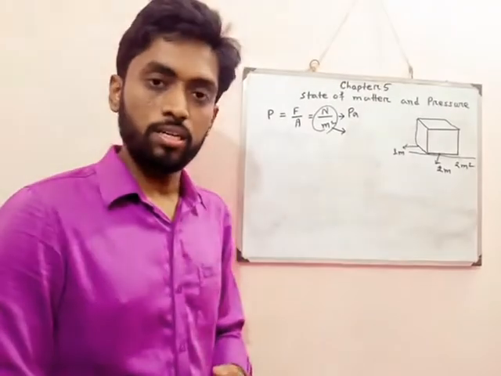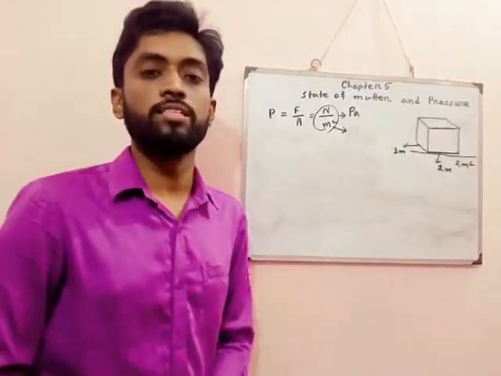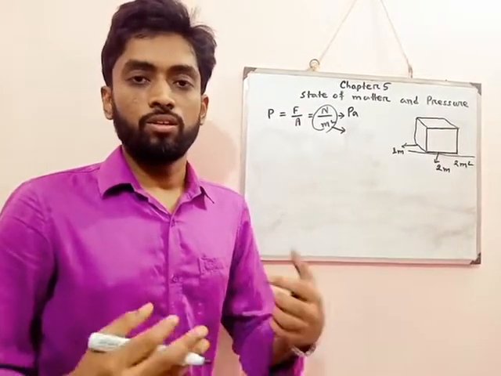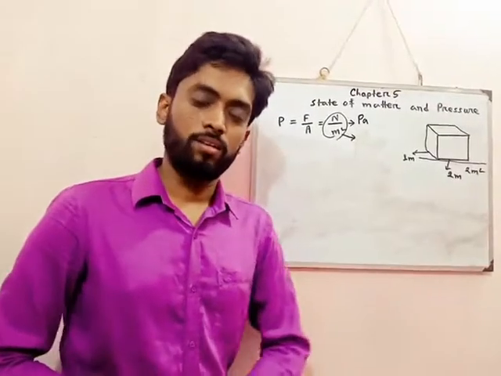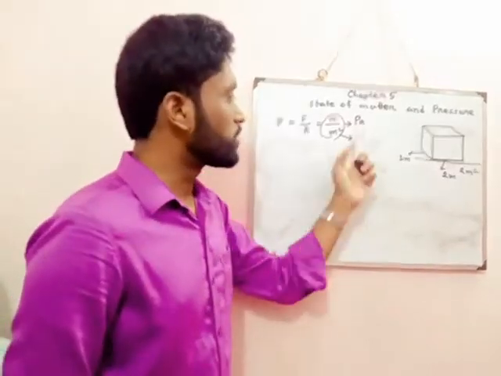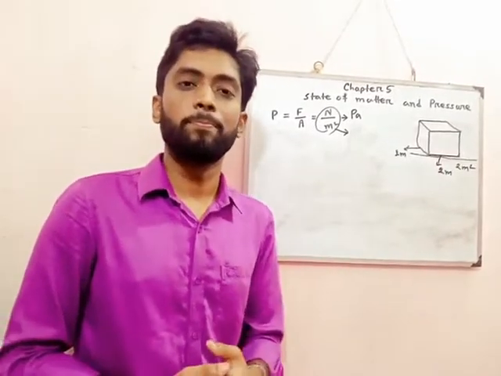We know that the unit of force is Newton and the unit of area is meter square. So the unit of pressure is Newton per meter square. We can also say Pascal, after the name of the French mathematician Blaise Pascal.